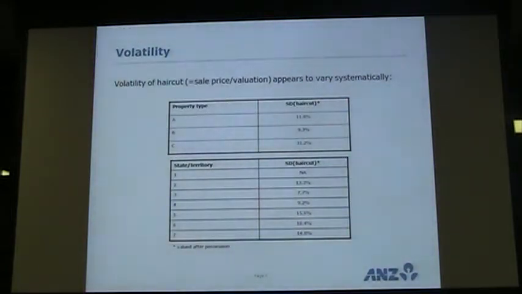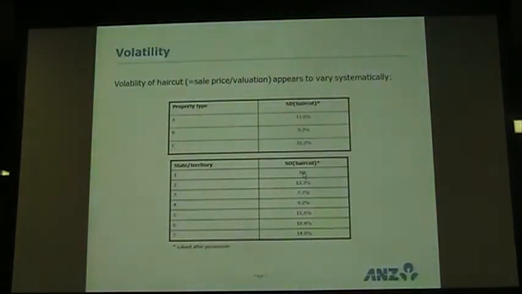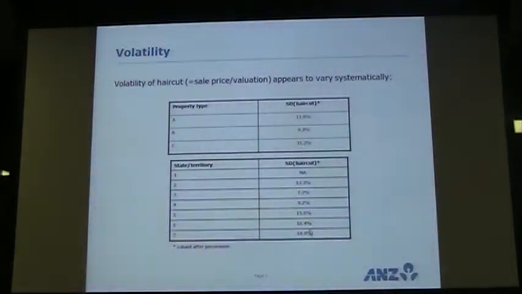For type B, it's a bit lower. For type C, it's a lot more. If you look at, say, state, I think for state 1, there was one default, so you can't get anything for that. But for the others, again, you've got some kind of varying volatilities. States 6 and 7 seem to be fairly high, for example.